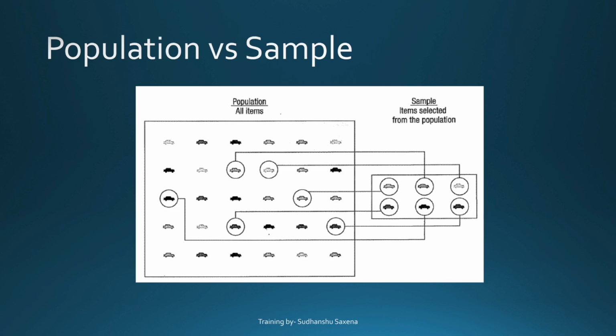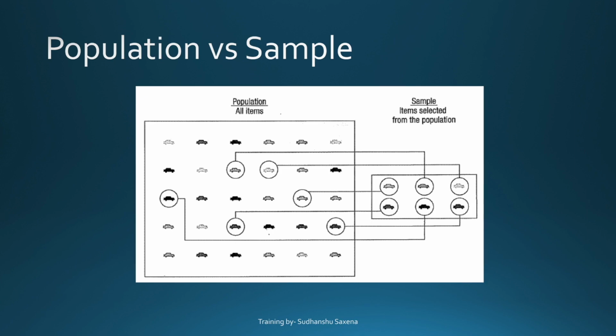What we want to do is pick up a homogeneous sample of the population, and then predict. For example, if there are say 10 million cars in India, and I want to pick up a homogeneous sample out of it, I'll just pick up say 50,000 cars. In the 50,000 cars, I want to compare whether each is a petrol car or a diesel car, and on the basis of that I can predict about the population.